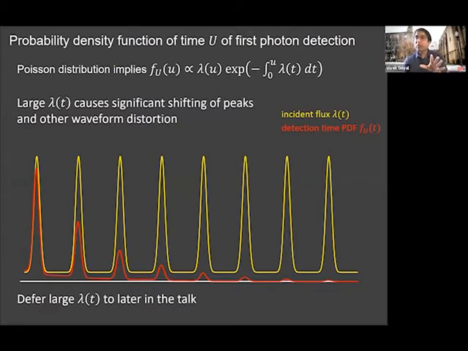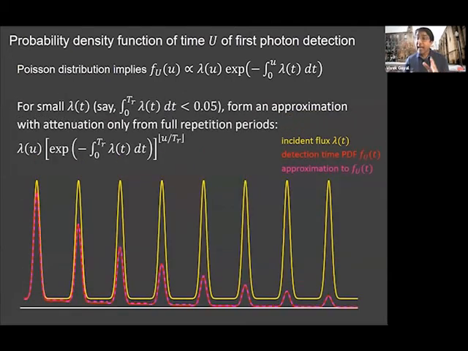We're going to completely put that aside for now, but it arises again later in the talk. For now, let's assume that lambda of t is small. Then we can approximate the PDF as defined on each repetition period as a scalar attenuation of the flux waveform with geometric decay over the periods.